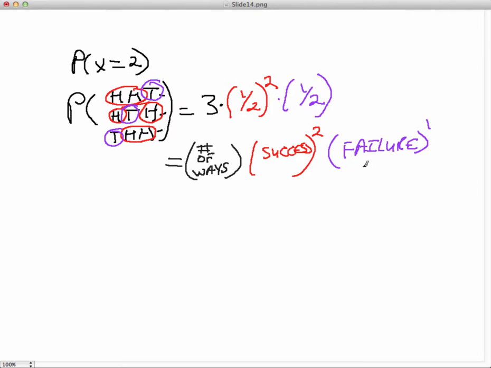And that was being raised to the first power. Now, a key thing that we need to keep in mind here, that's going to be hopefully a little more evident as we actually come to the formula, is that these two exponents have to sum up to the total number of trials. In other words, that has to be the same as the number of trials, okay? So those two numbers together, the 2 plus 1, has to be equal to the number of trials.